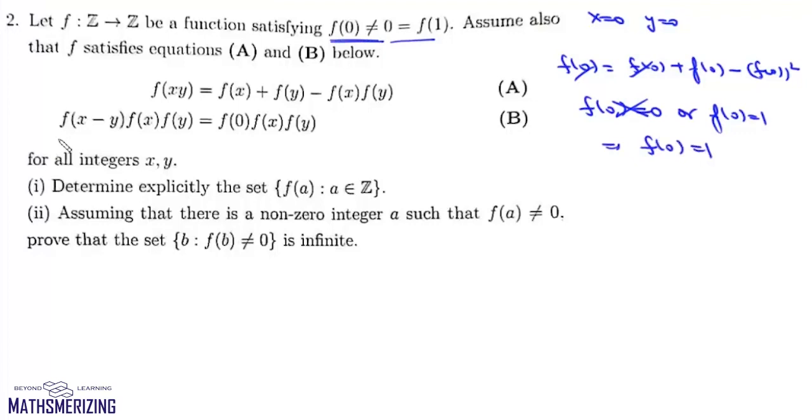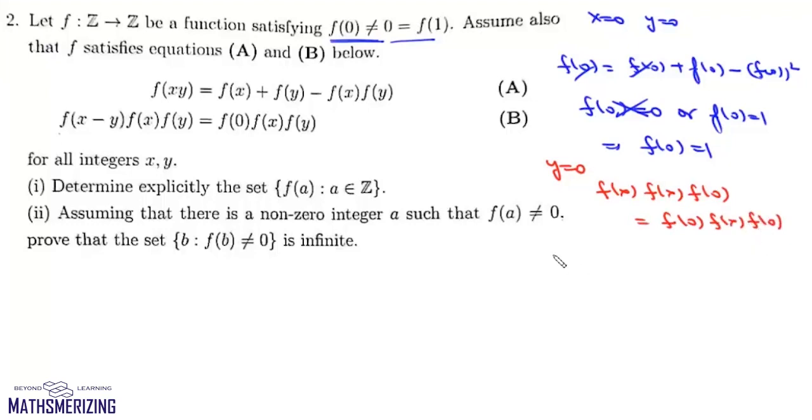Now what we'll do is, in this second equation, we'll put y as 0. Now if we put y as 0, we'll get f(x) into f(0) will be f(0) into f(x) into f(0). Now f(0) is 1.